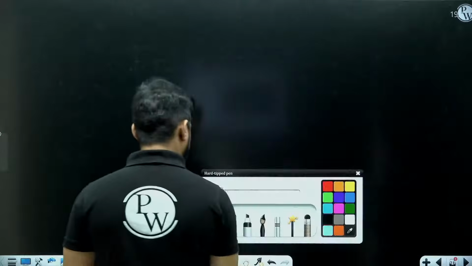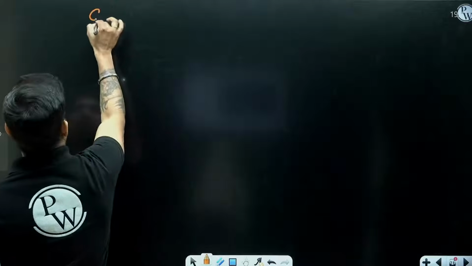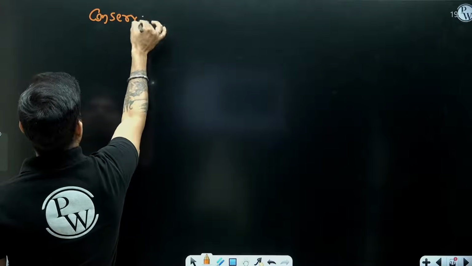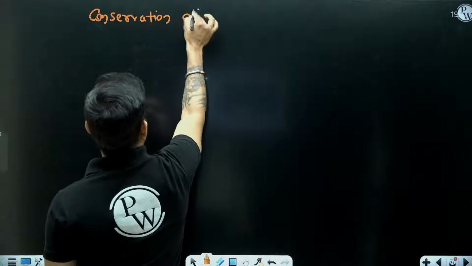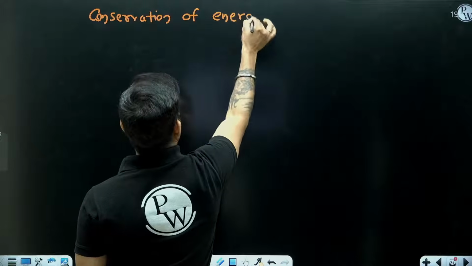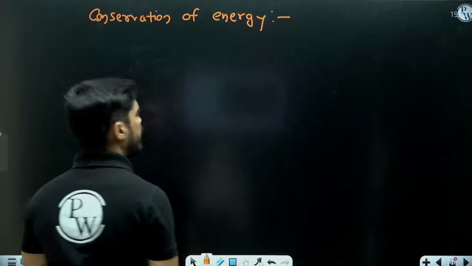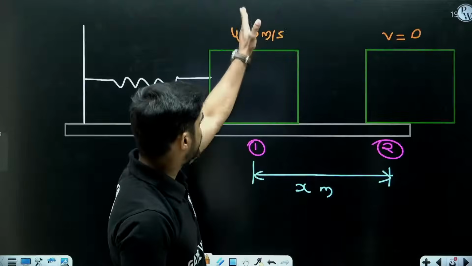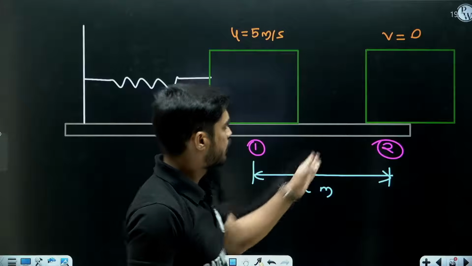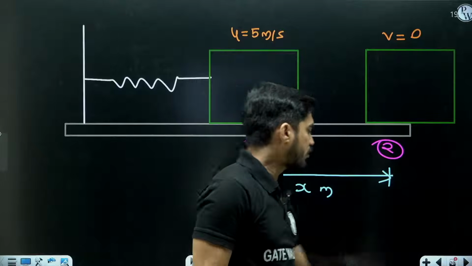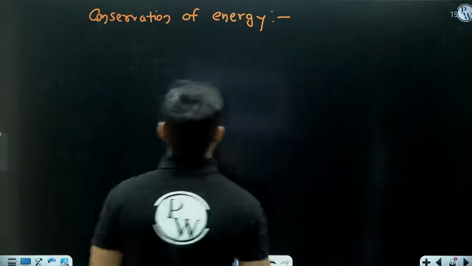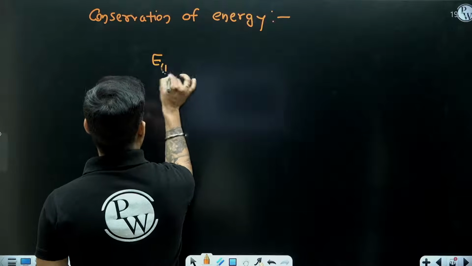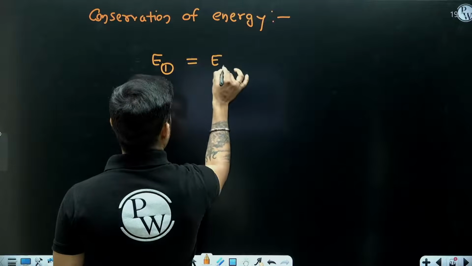So I can apply conservation of energy. Why? Because there is no friction. Now conservation of energy means the energy will always remain constant. Whatever energy was there at this state, it will be same at this state. So I can say that E1 is equal to E2.